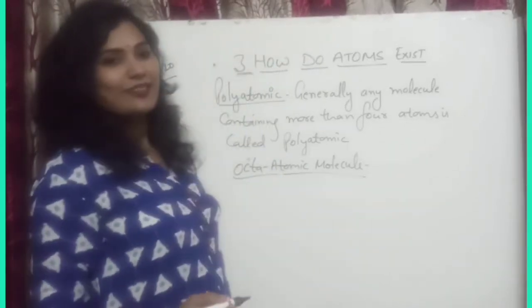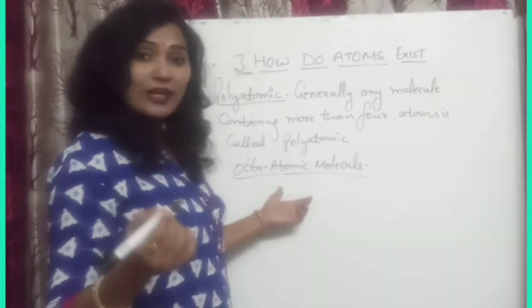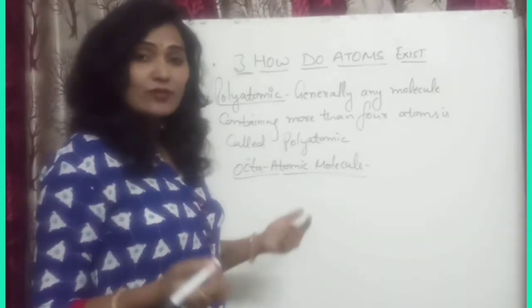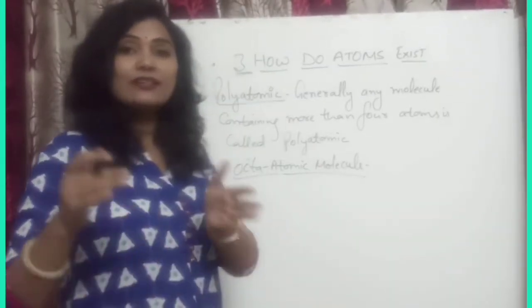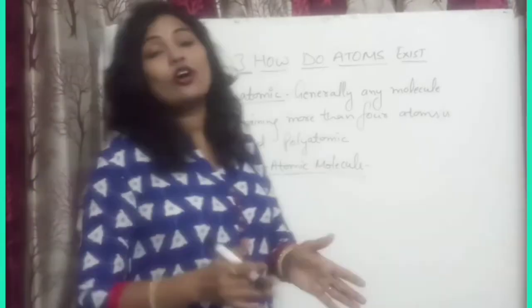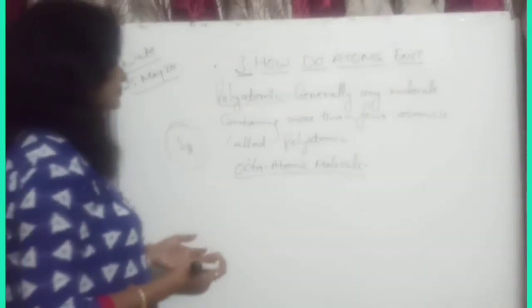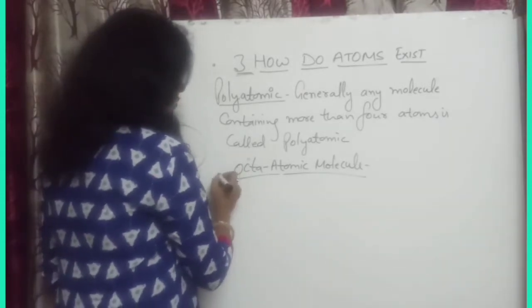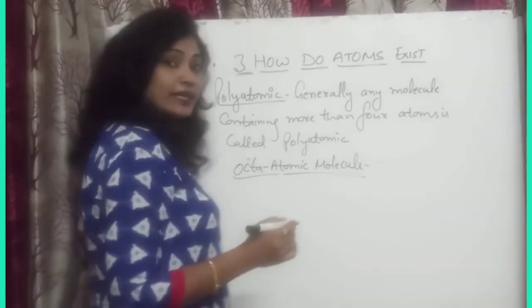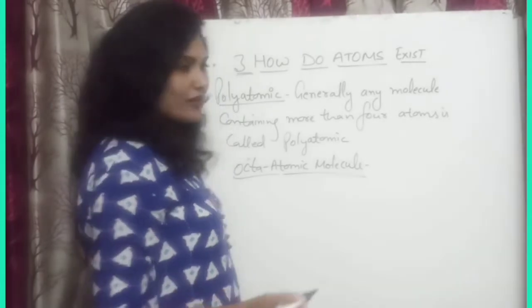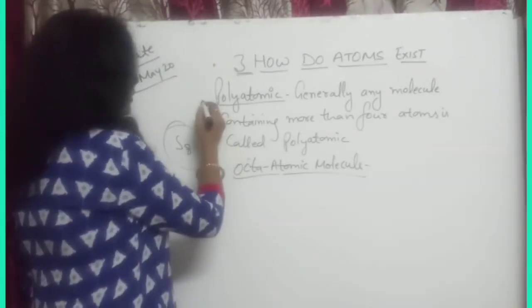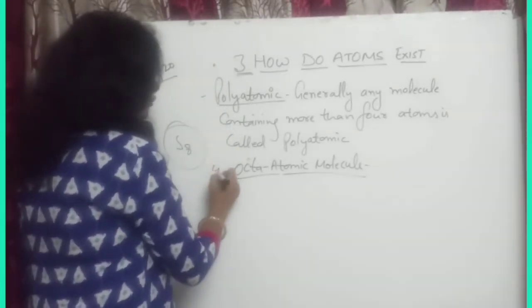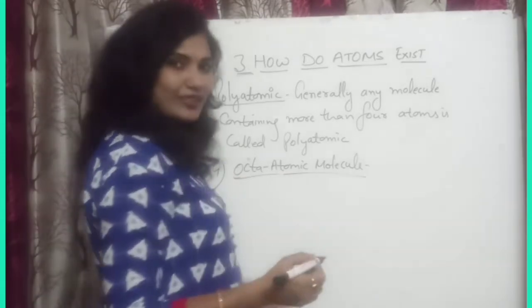Octa means 8. So if the molecule contains 8 atoms or atomicity is 8, then it is said to be octaatomic. After tetra we can take polyatomic, and fourth is octaatomic. That is in your syllabus.